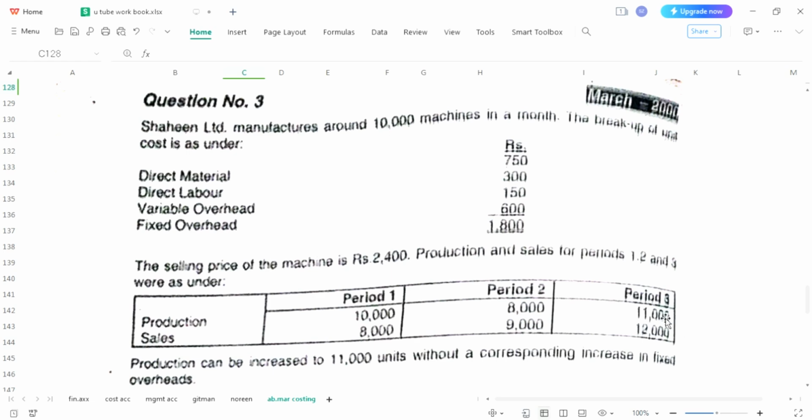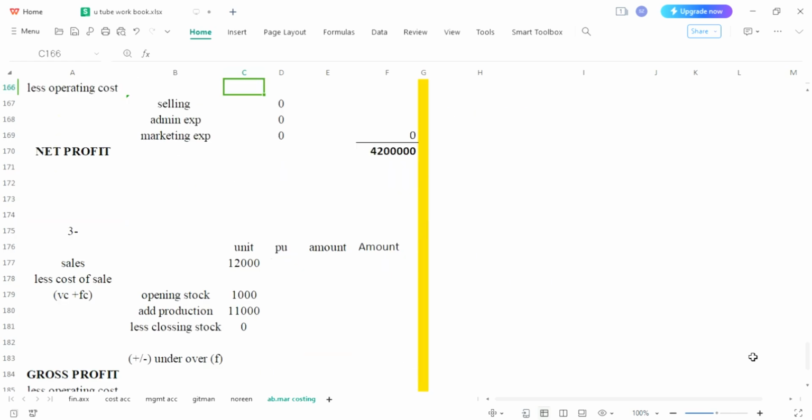How many units are overproduced? 10,000 capacity, produced 11,000. So 1,000 units are overproduced. Since it is overproduction, we write it as over applied. And as you know, over applieds are subtracted.